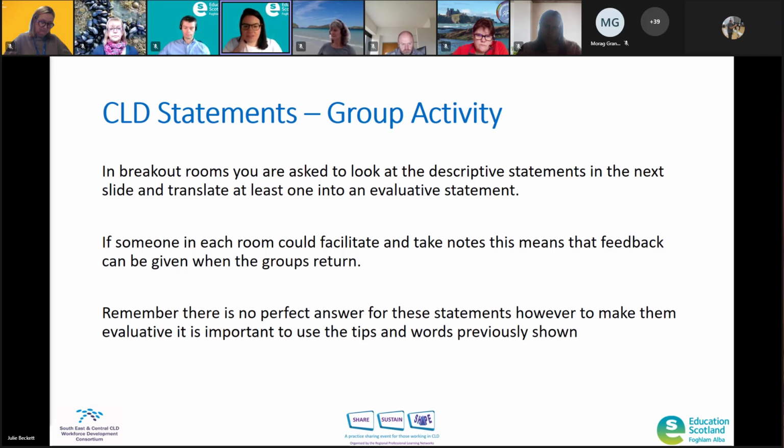We can also paste them into the chat pane while you're in your breakout rooms for ease of access. So we're going to have a wee practice of evaluative writing in our breakout rooms, and we have 3 descriptive statements on a Jamboard.